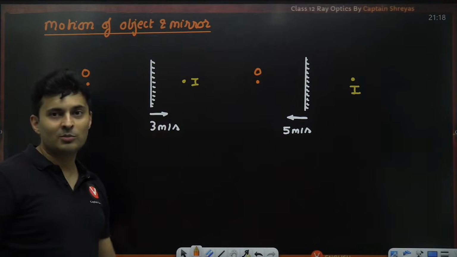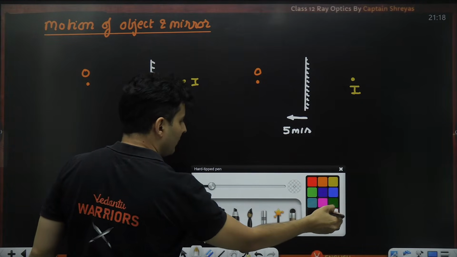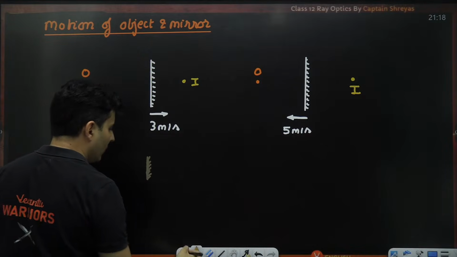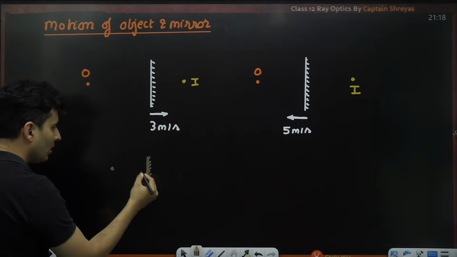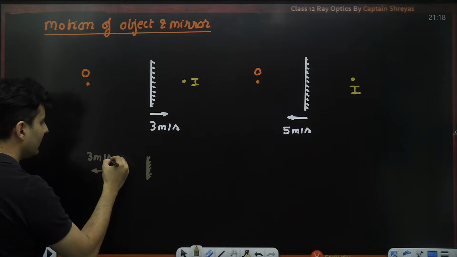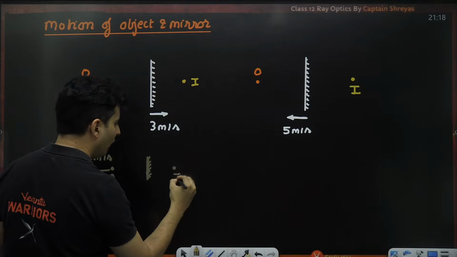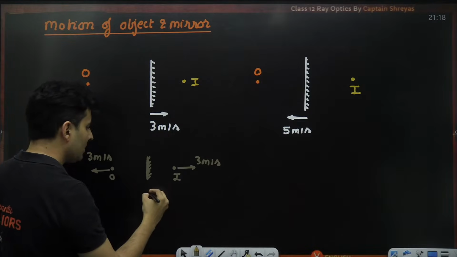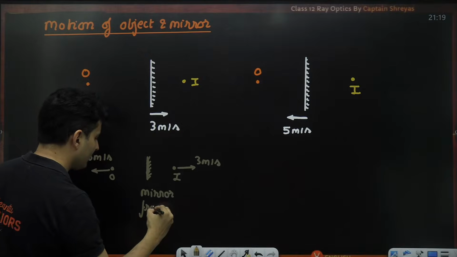What about this scenario? My mirror itself is moving. Crazy. So let's look at it from the mirror's perspective. If you sit on the mirror right now at that moment, because the mirror is moving away from you, the mirror will feel the object is moving away at 3 meters per second. So if the mirror feels the object is going like this, the image for the mirror will move like this at 3 meters per second. This is from the mirror frame of reference.